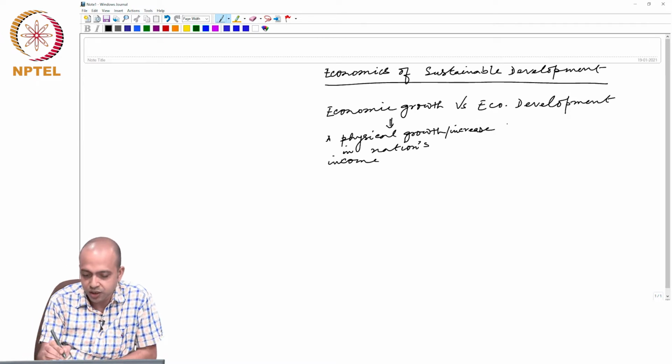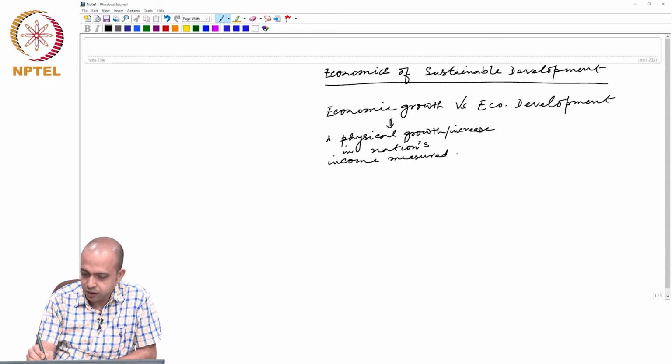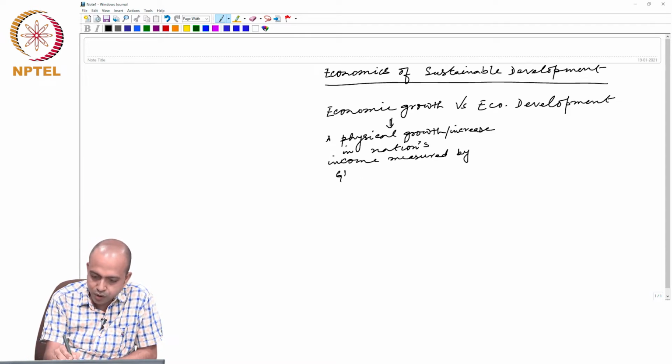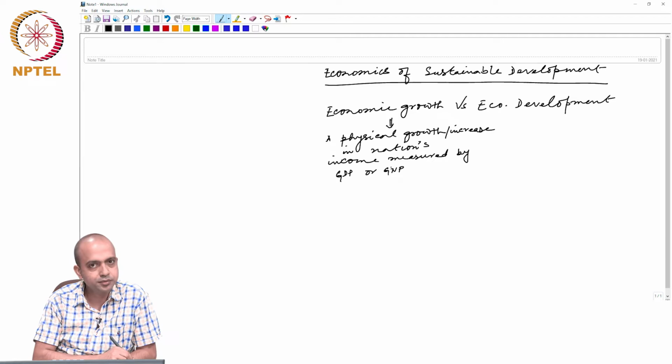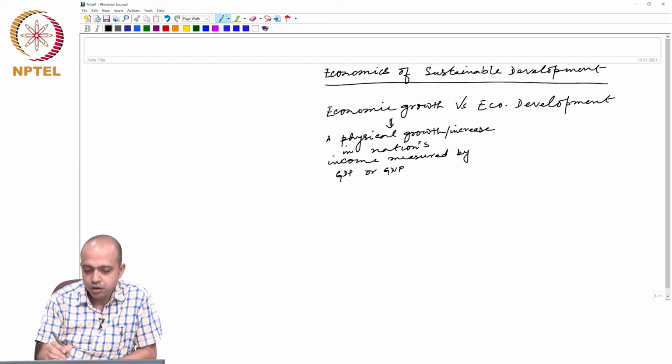in a nation's income, measured by, how do you measure a nation's income? Measured by gross domestic product, GDP, or gross national product, GNP, or net domestic product, NDP, or net national product, NNP.